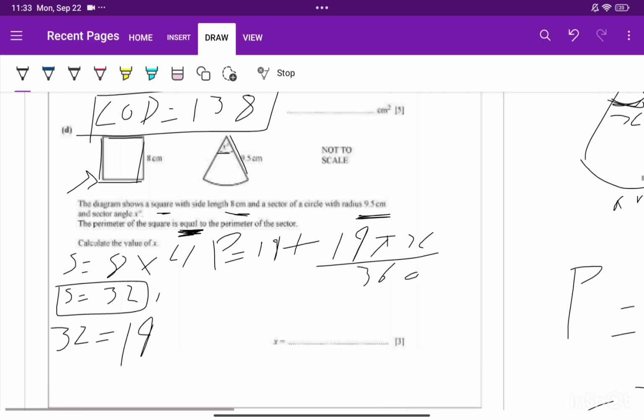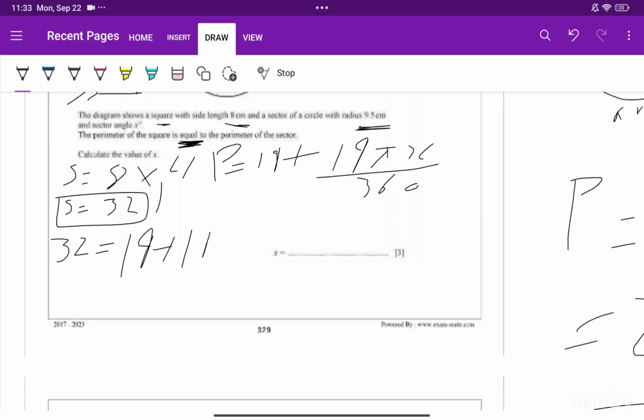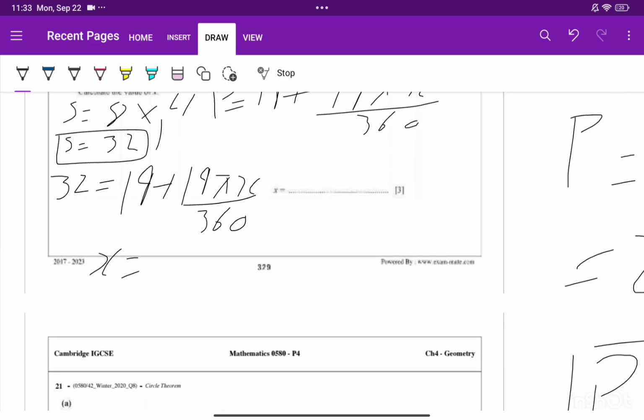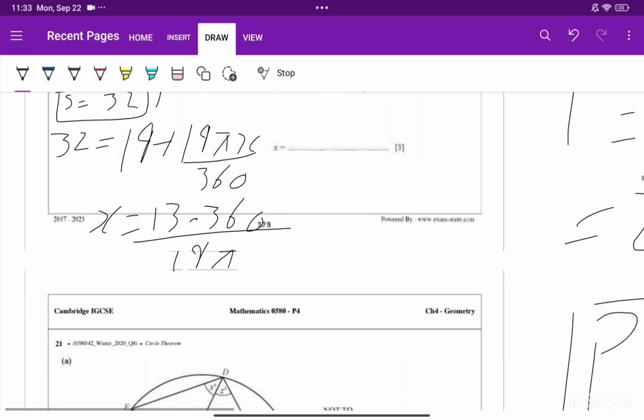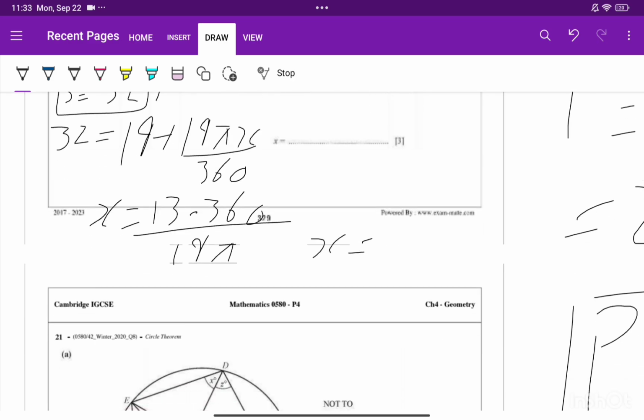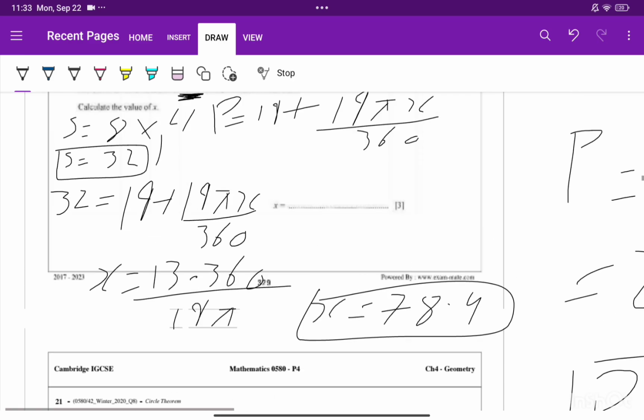Sector will be 19 plus 19 pi x divided by 360. Now we can easily simplify it. Let me do in calculator. 13 into 360 divided by 19 pi. So 32 minus 19 is 13. So x will be 78.4. This is our answer, 78.4.